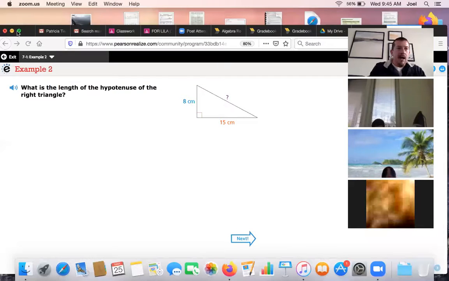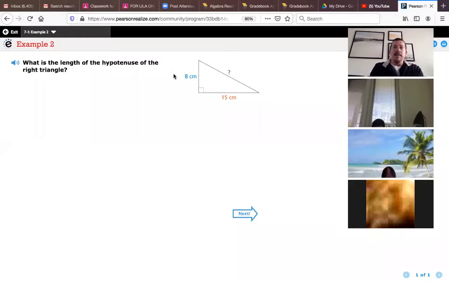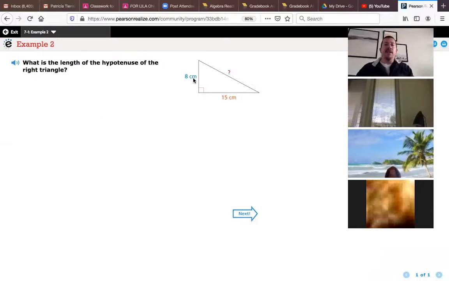Okay, I want to do this example. This is a right triangle. We can tell that it's a right triangle. We have 2 of the legs and we're missing the hypotenuse. I want you guys to find that missing hypotenuse and don't forget to label it in terms of centimeters, okay? Let's take like 2 minutes and do this, and I will be right back with you.